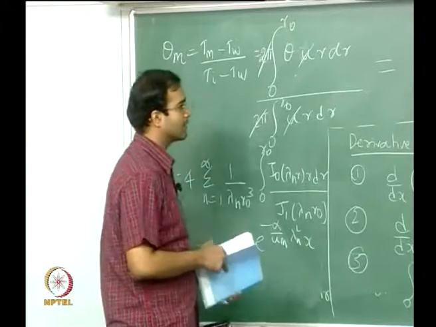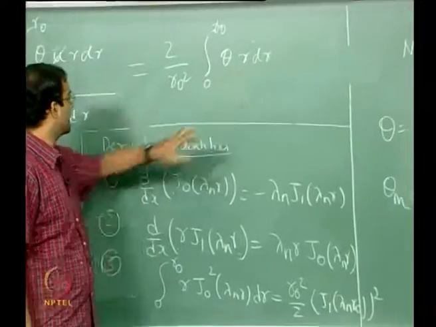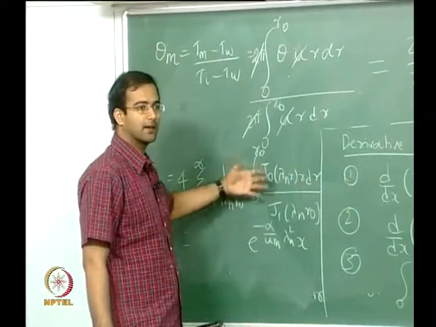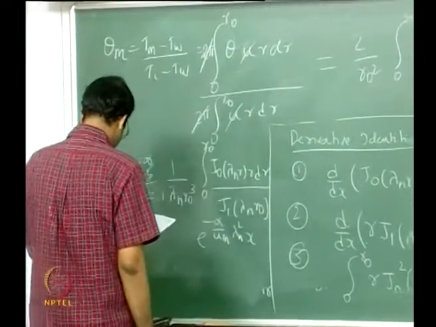So I am just substituting for theta and multiplying with r here. Okay, so you can just verify it. I am going a little bit fast, but it's straightforward, there is no difficulty here.